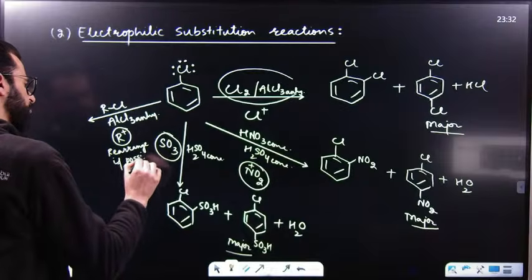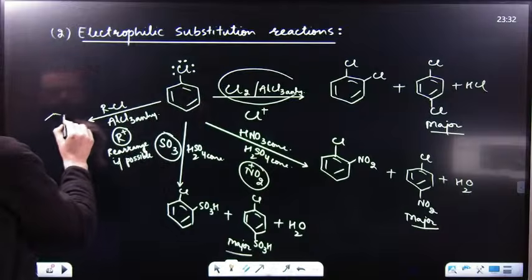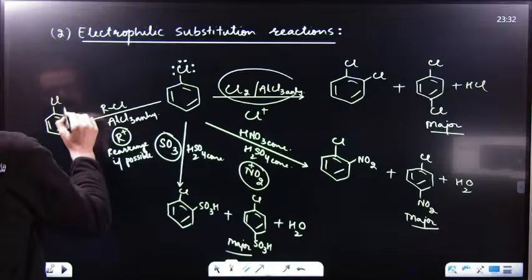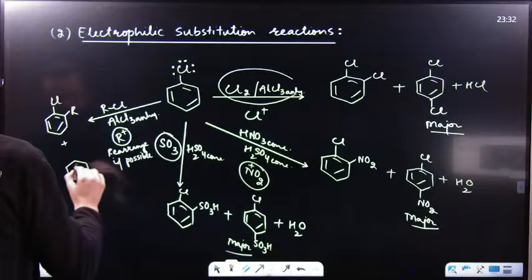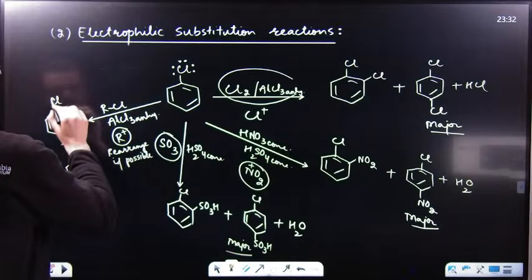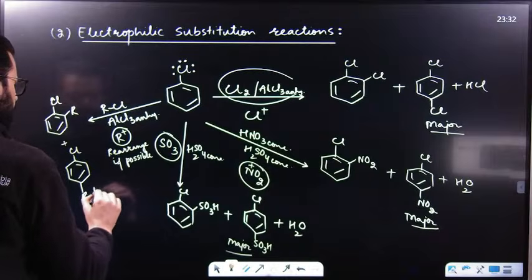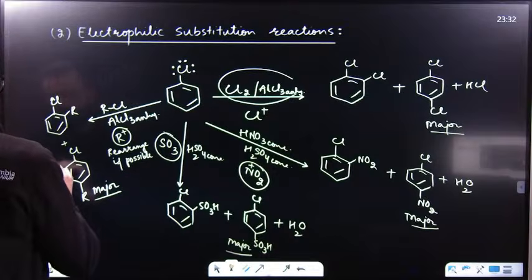After that, the most stable alkyl carbocation goes to either ortho or para. So the product will be simply introduction of alkyl group at ortho or para. But first you have to look whether the carbocation undergoes rearrangement or not. If it does, you have to rearrange that. So this will be the major, because at ortho repulsion will be more.